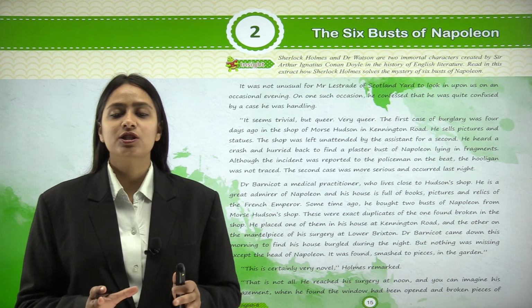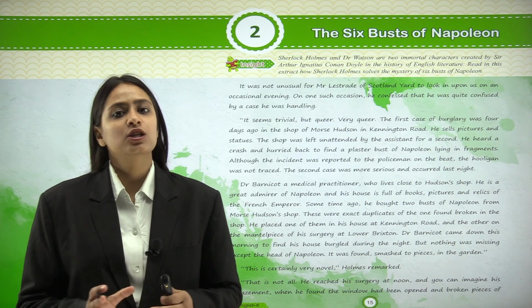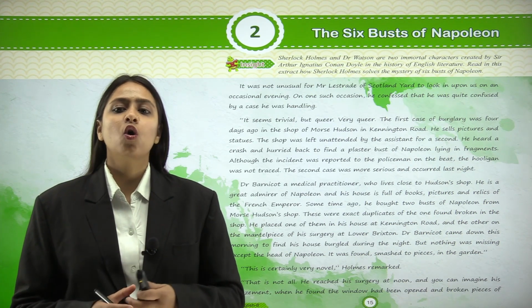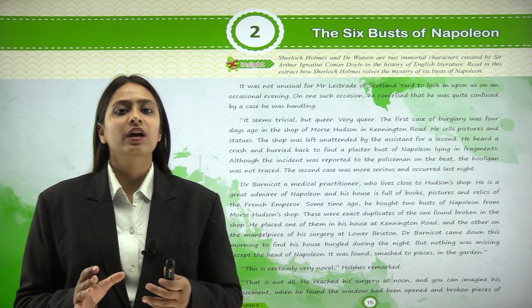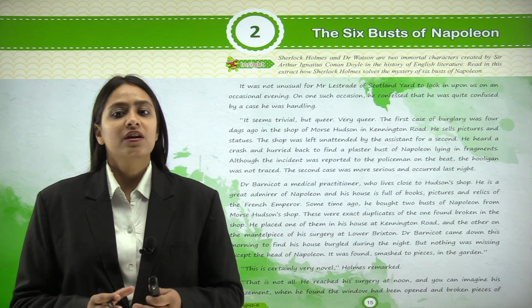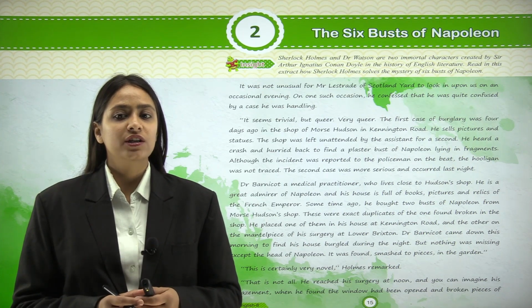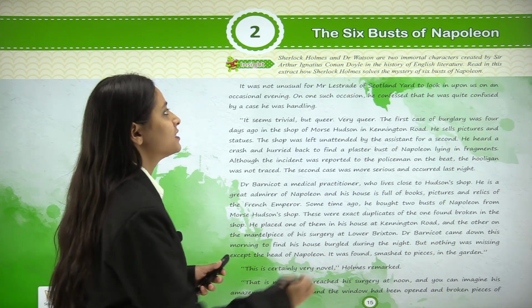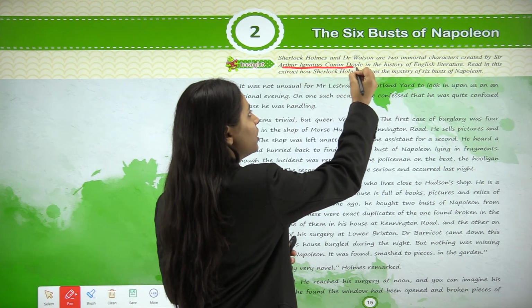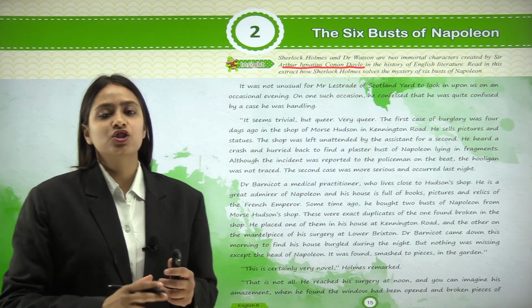So this is a little story of Sherlock Holmes and Dr. Watson. Sherlock Holmes and Dr. Watson are two immortal characters created by Sir Arthur Ignatius Conan Doyle. This is the name of the author who has written this chapter.